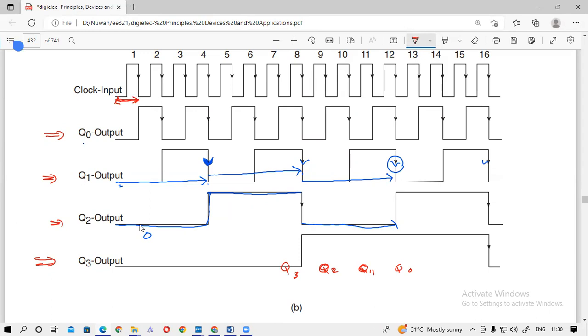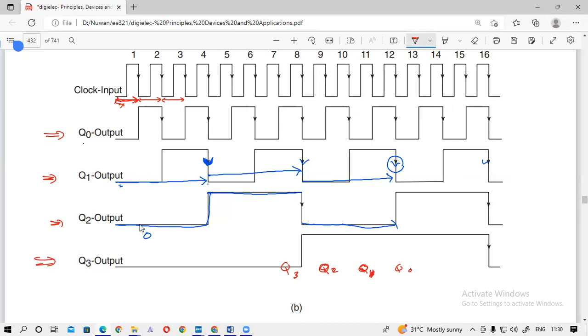Here it changes, and then again from here to here it is not changing, and again it changes. So you can see that Q0, Q1, Q2, Q3 will change according to this clock cycle.